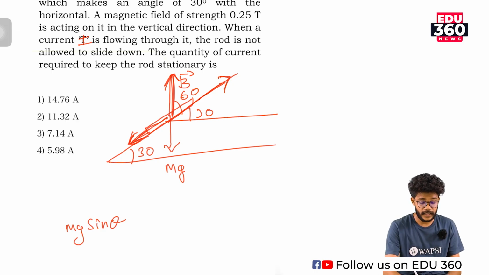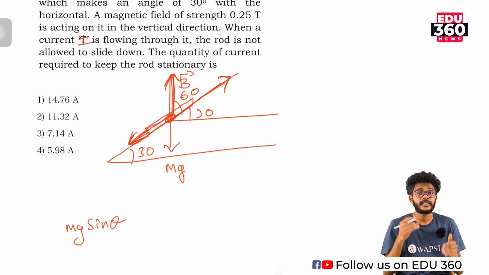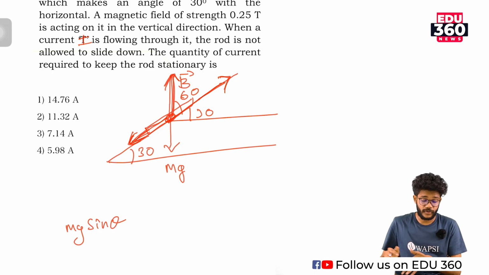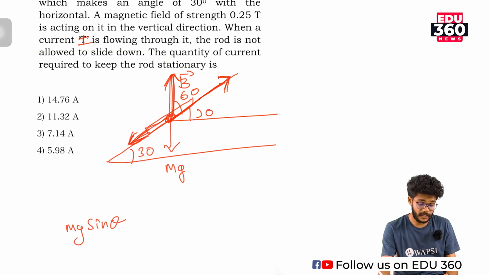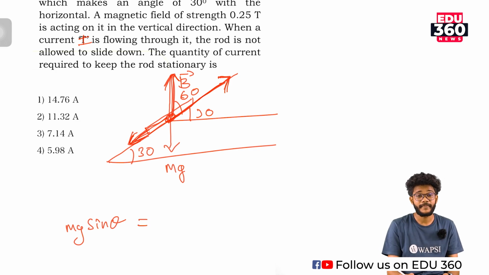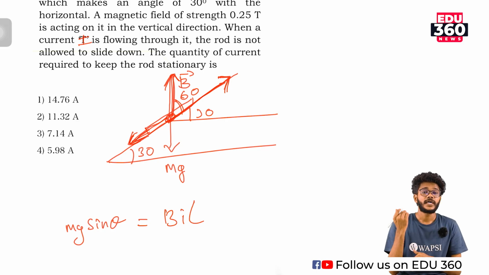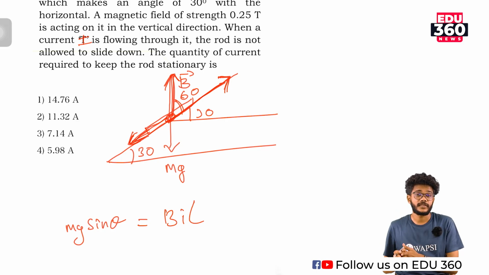Then only the rod will stay there without any motion. Here we want a force on the adjacent side, by the magnetic field, B I L, with the angle theta 60 degree. The trigonometric function which gives the adjacent is cos theta.